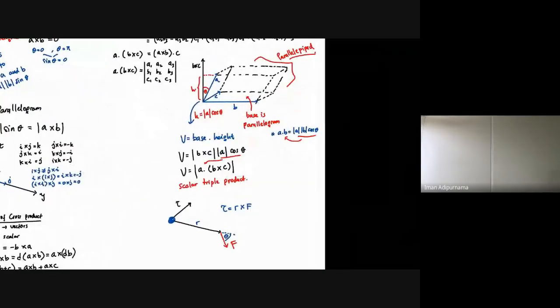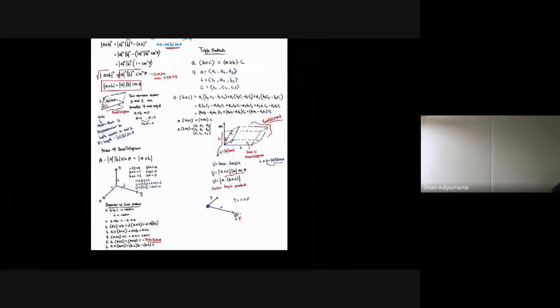I plan to continue until 12.5. Let's see if we can make it to 12.5. So that's 12.4, the cross product.